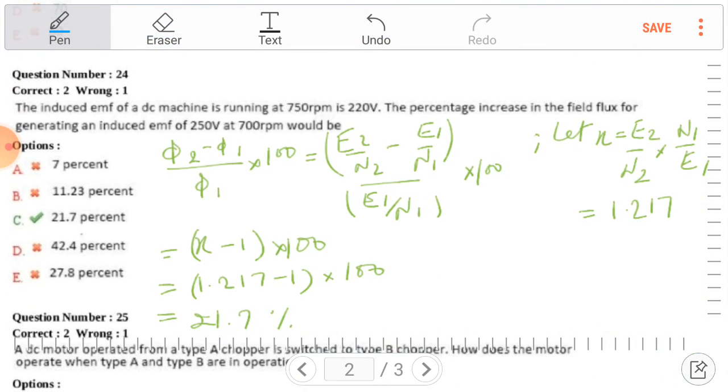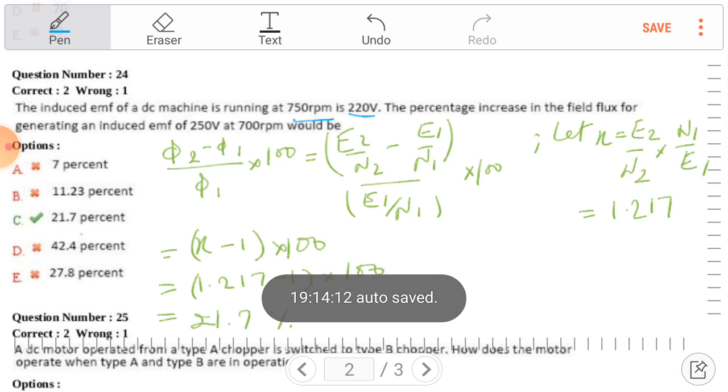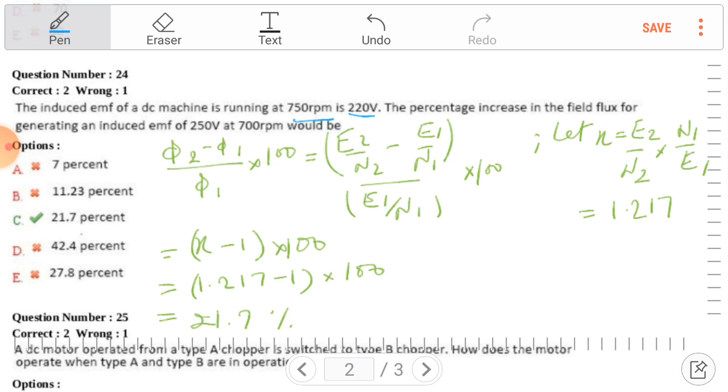In question number 24, it is given that induced EMF of DC machine which is running at 750 rpm is 220 volt. The percentage increase in the field flux for generating an induced EMF of 250 volt at 700 rpm would be, so the EMF is increased and the speed is reduced, then he is asking the percentage increase in field flux.